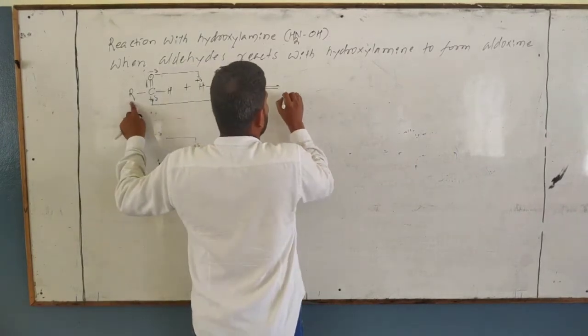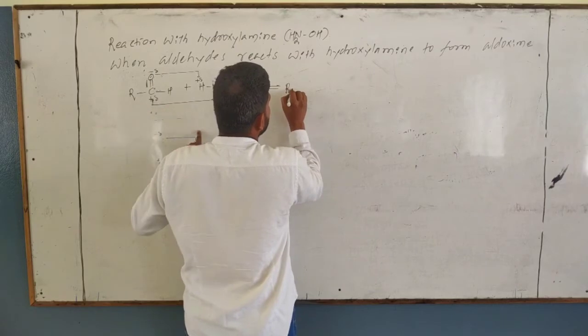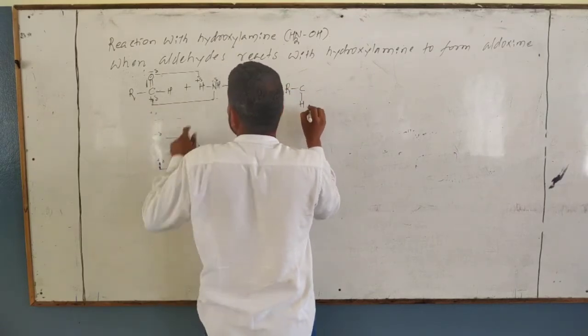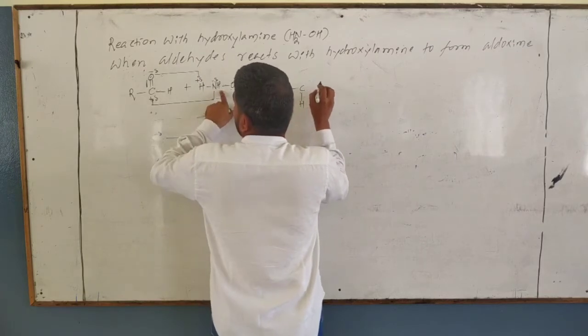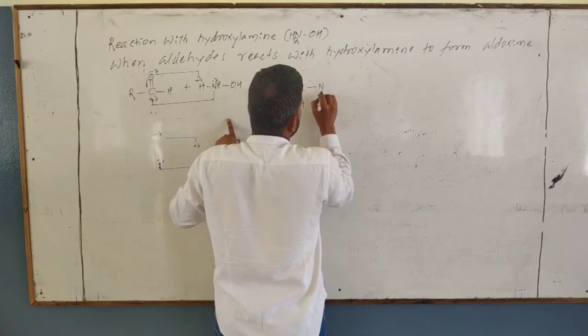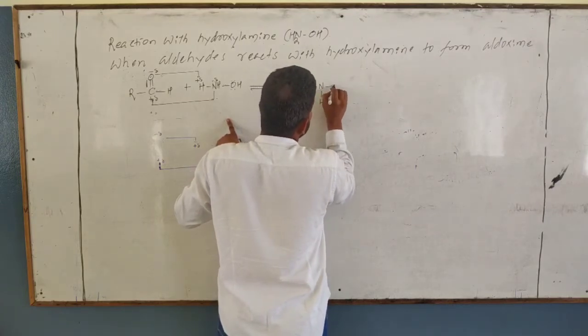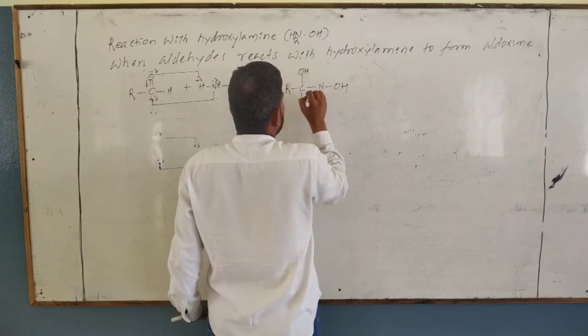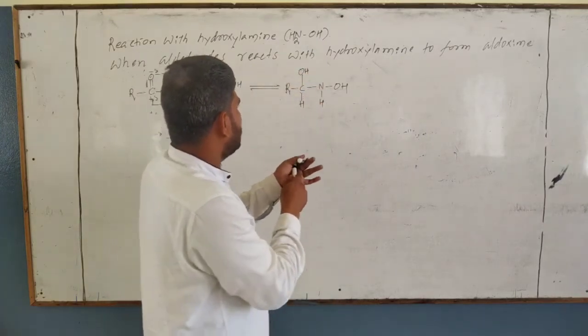Okay, what is the product? R, C, H, over here N H, OH is also OH. Now what happens on heating?